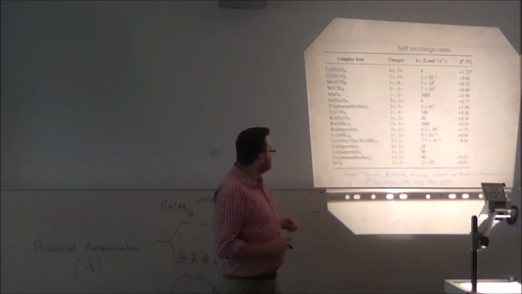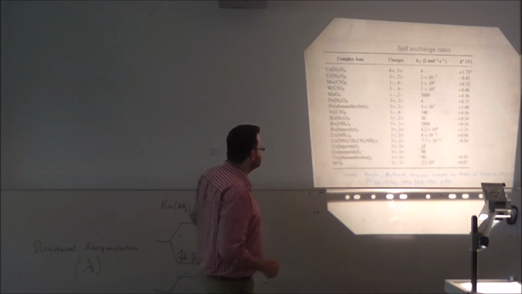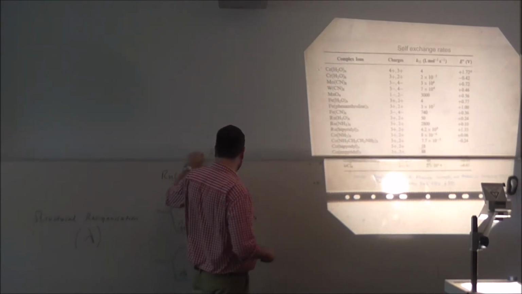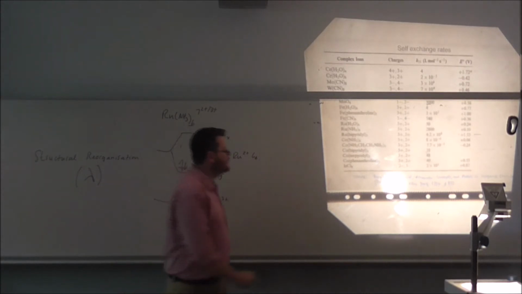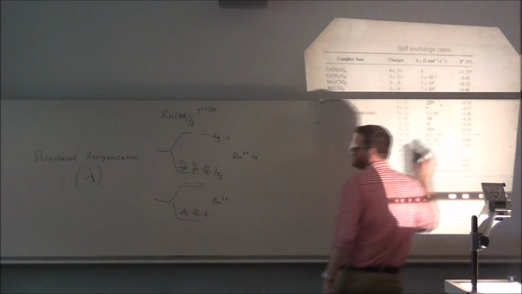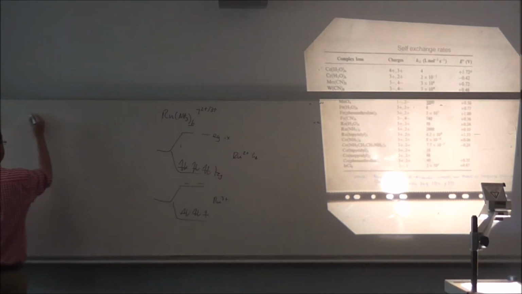There it is. Now let's look at, in dramatic contrast, cobalt hexaammine 3 plus and 2 plus. So we're looking at the self-exchange rate constants associated with this complex.